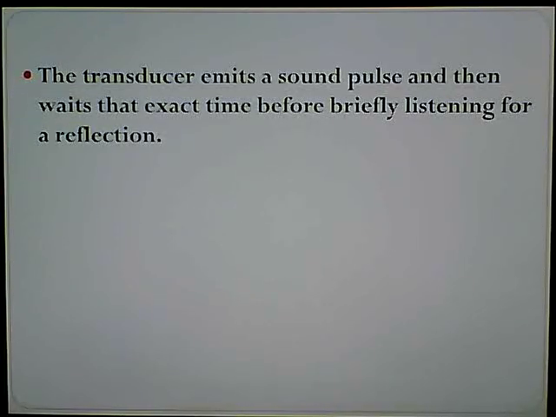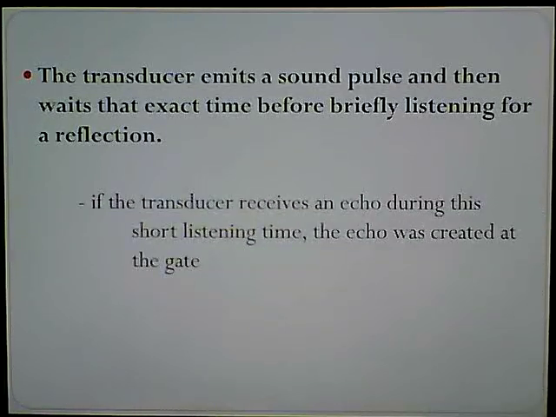We're being selective to a select area. If the transducer receives an echo during this short listening time, the echo was created at that gate. See how they're using that go-return time? We know where the gate is. So if we receive any echoes within that time, then we know it was created at the gate.